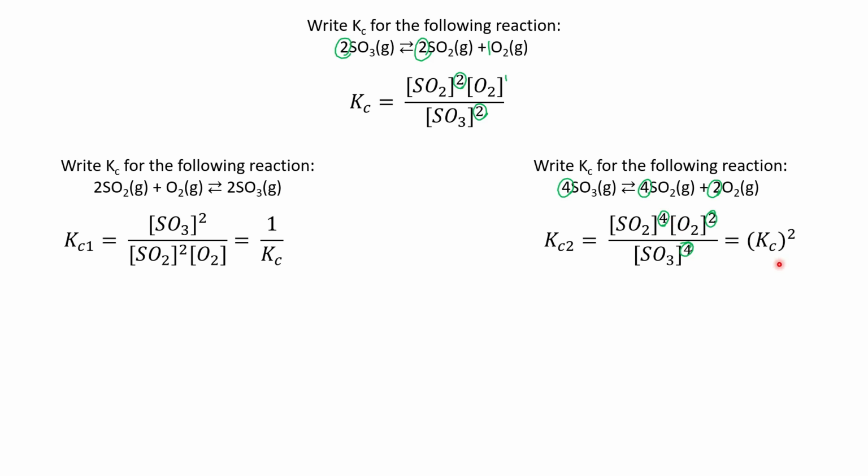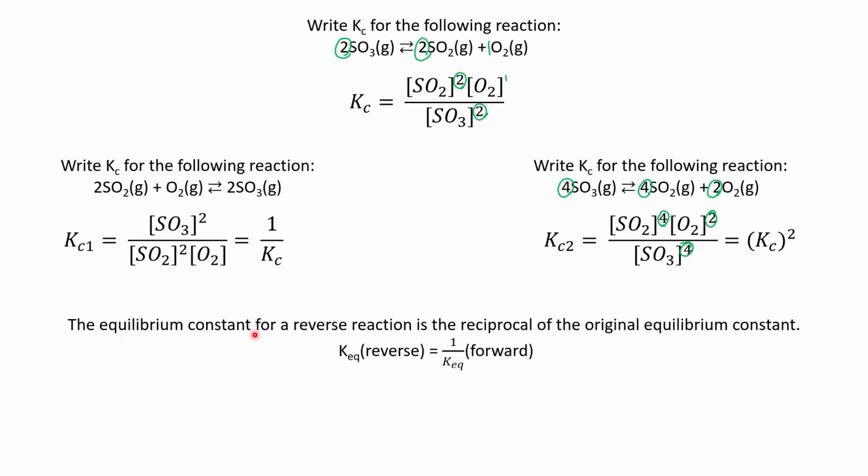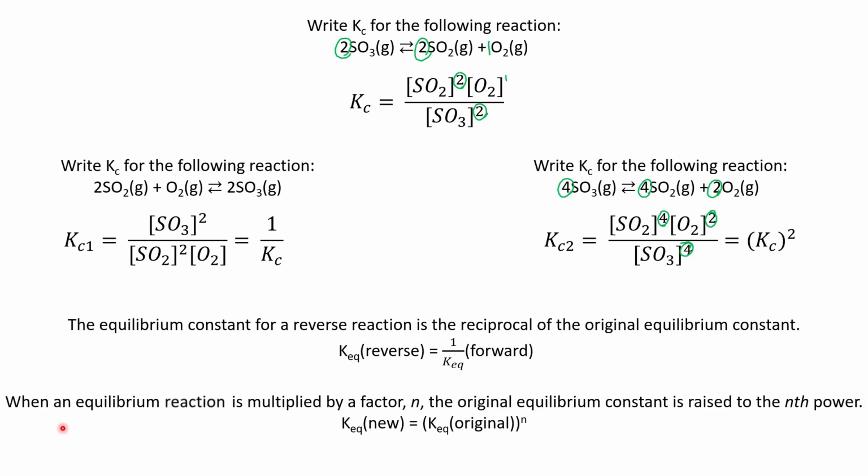Just to summarize these two rules, the equilibrium constant for a reverse reaction is the reciprocal of the original equilibrium constant. This is what we saw right here. So K reverse is equal to 1 over K forward. This is really handy when you need to flip an equation. Our second rule is when an equilibrium reaction is multiplied by a factor n, the original equilibrium constant is raised to the nth power.